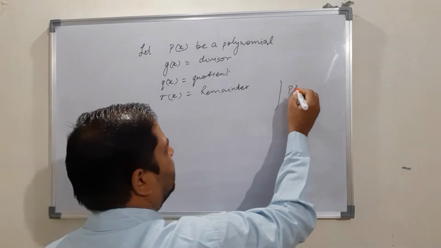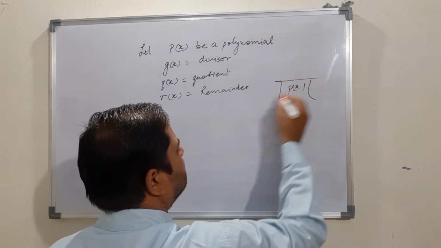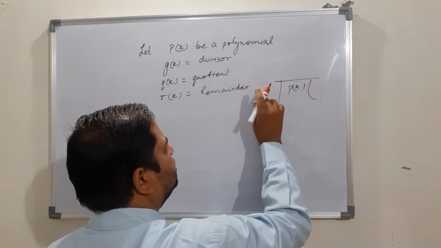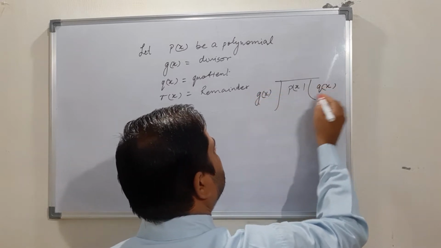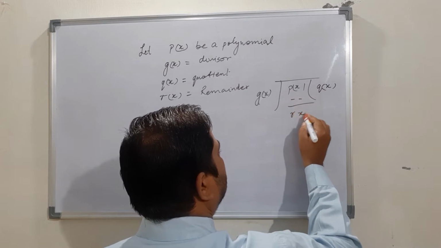Suppose this is Px, this is Gx, this is Qx, and this is Rx.